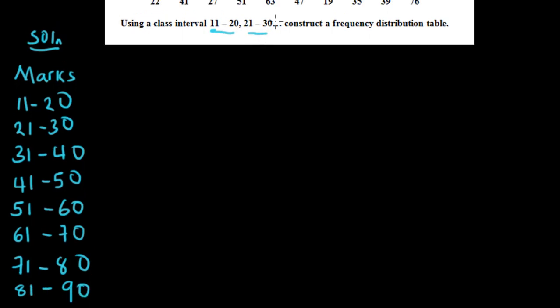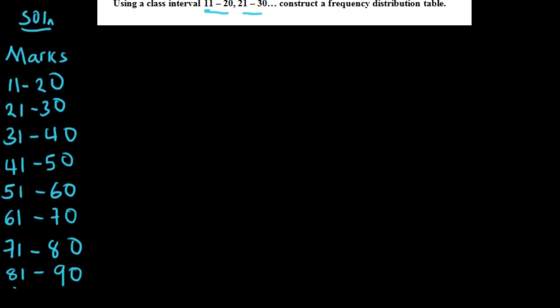Now you know the biggest number there is 92, so 92 is not yet covered, so we still have to go one more. We have 91 to 100. Does this make sense? Now we've gotten the full spectrum of the intervals.